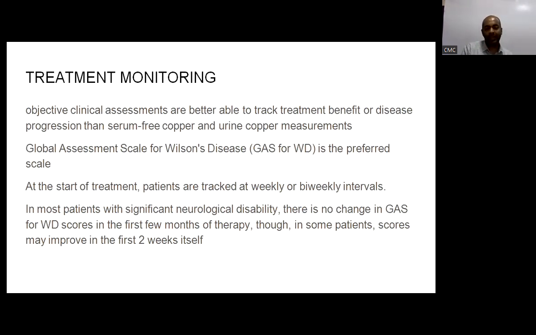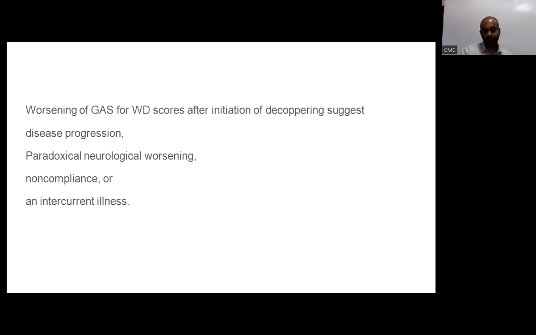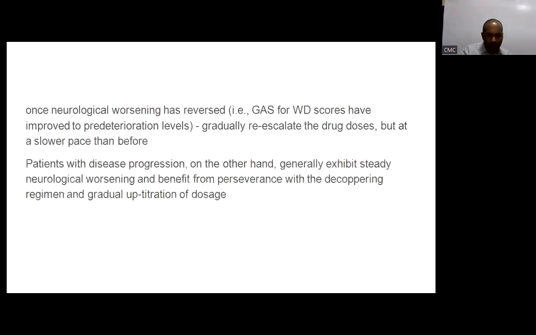We should use the scale at the start of treatment and then preferably at weekly or bi-weekly intervals. In most patients with significant neurological disability, the global scale score will be stable and gradually improve over years.